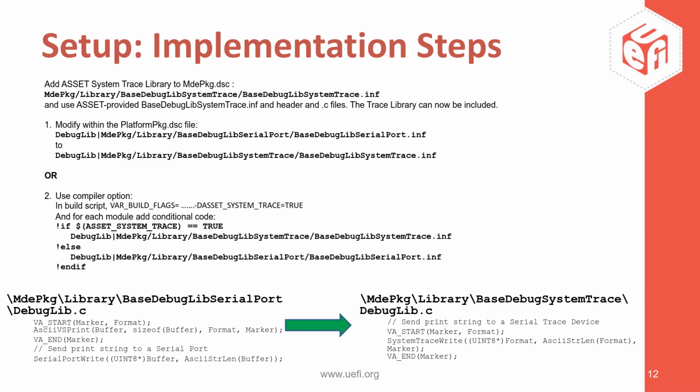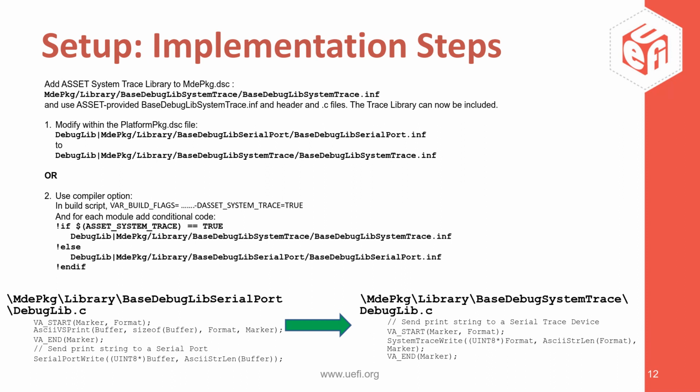But first off, you make a change: you add in support for the system trace library in the package.dsc, add in the required header files and C files, and now you can use the library via either one of those top two mechanisms. You can modify the INF file from BaseDebugLibSerialPort to BaseDebugLibSystemTrace.